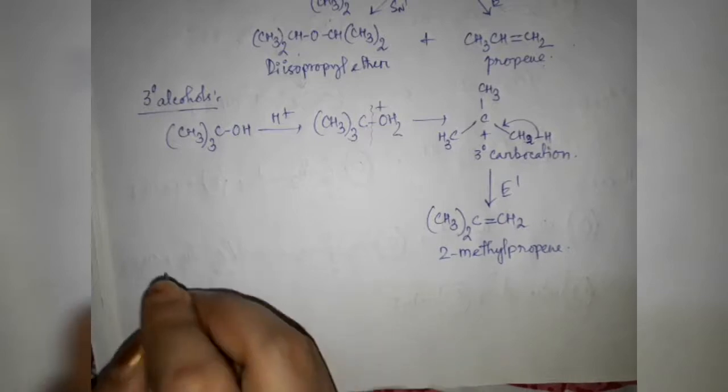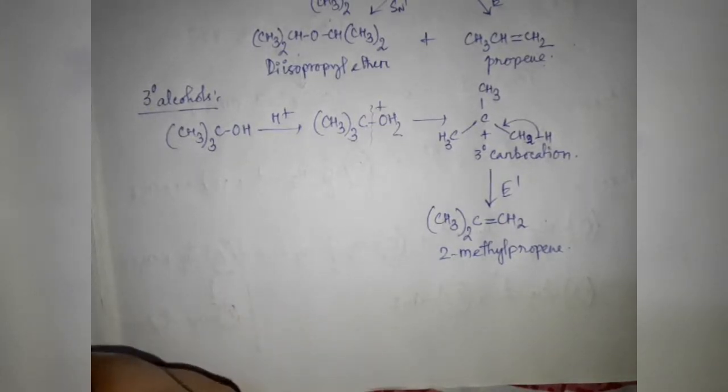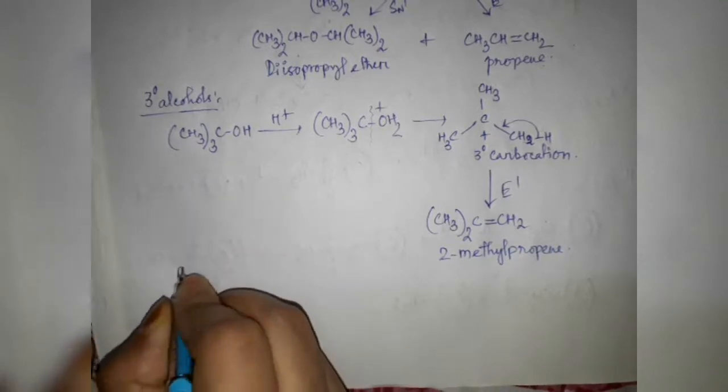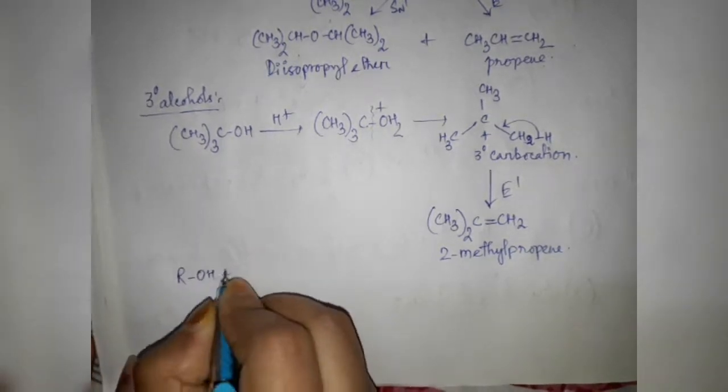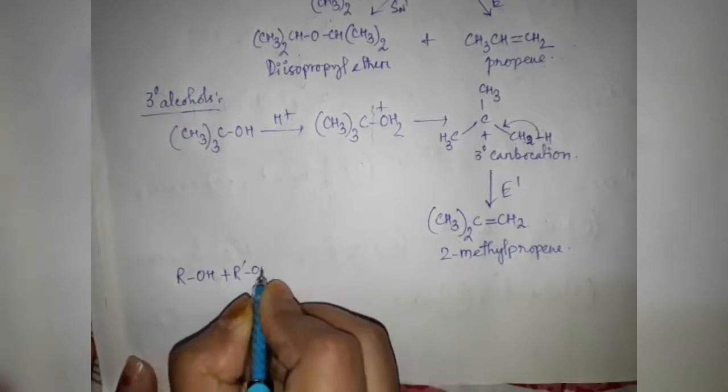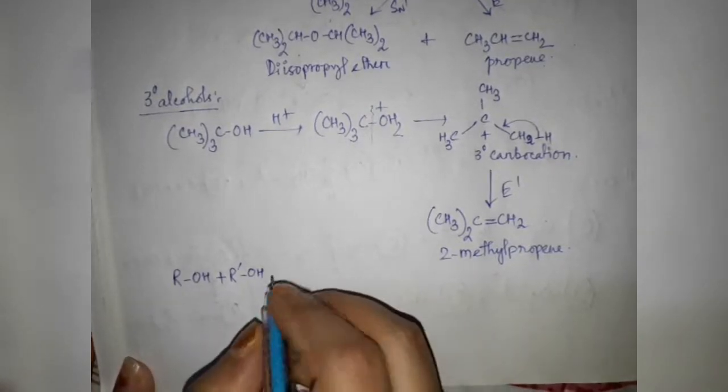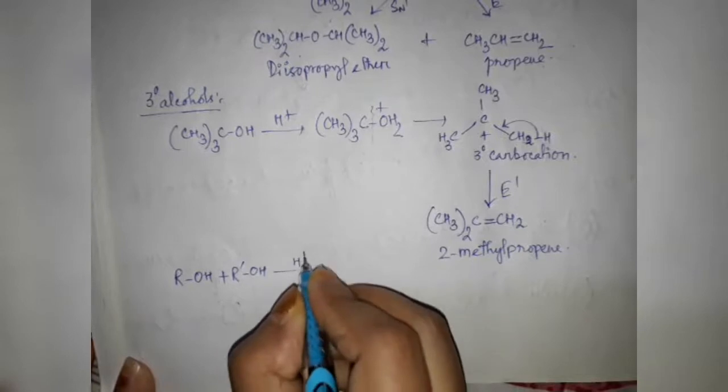Another limitation is also there in this type of dehydration reaction mechanism, because if you want to form any unsymmetrical ethers, you have to take two types of alcohols.